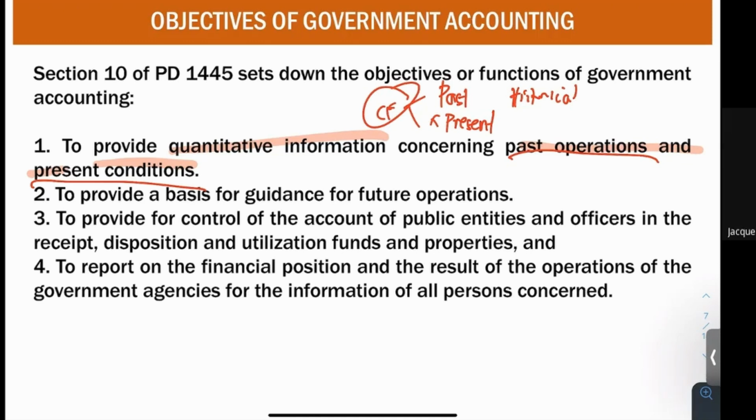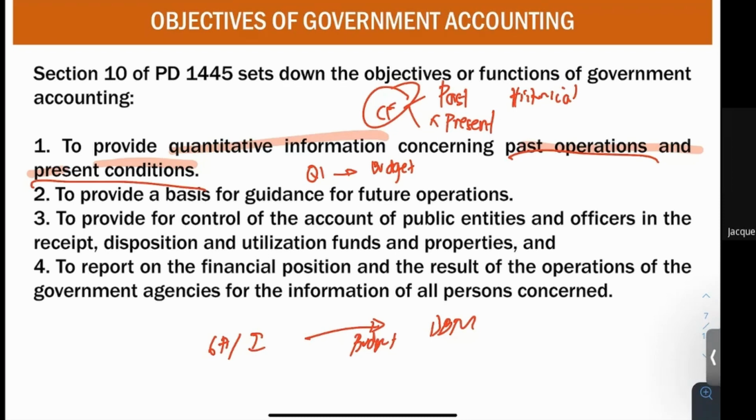Number two, to provide a basis for guidance for future operations. Why? Because we make use of the quantitative information for the creation of the budget. When we go through the budgeting process, you will see that it starts with the government agency or instrumentality sending the proposed budget to the DBM, and that particular budget will go into scrutiny by the DBM itself and by the Congress until it is properly appropriated.